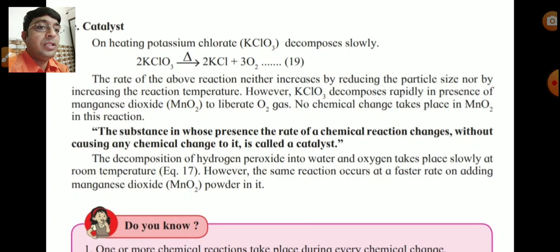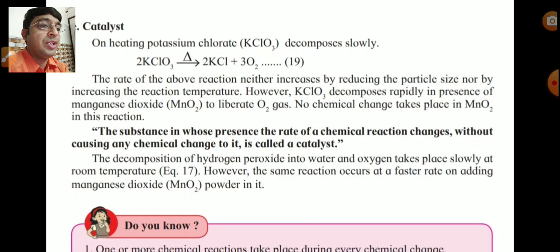The rate of the above reaction neither increases by reducing the particle size nor by increasing the reaction temperature. However, potassium chlorate decomposes rapidly in the presence of manganese dioxide, MnO2, to liberate oxygen gas.